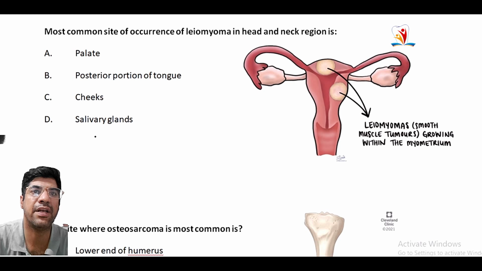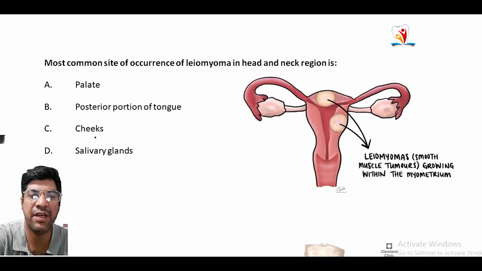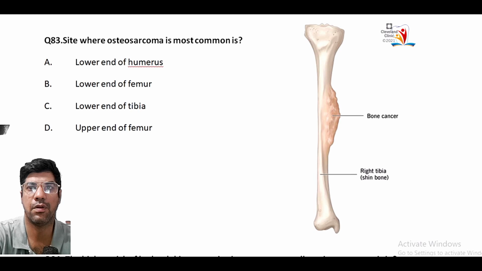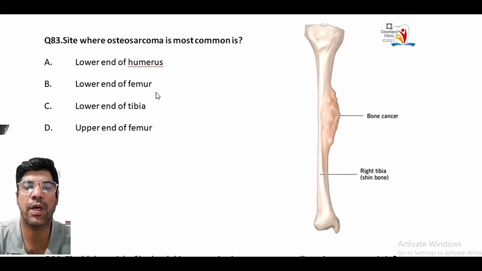The most common site for occurrence of leiomyoma in the head and neck region is the posterior part of the tongue. Osteosarcoma is most commonly found in the lower end of the femur.